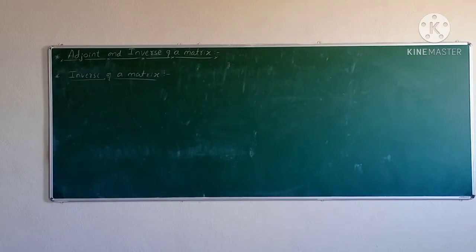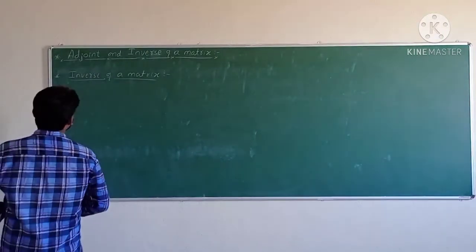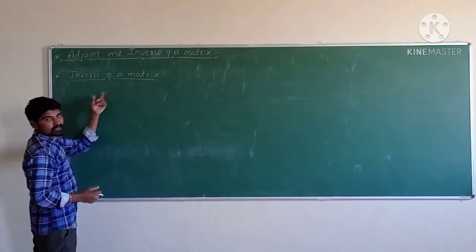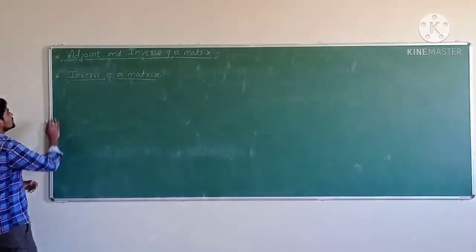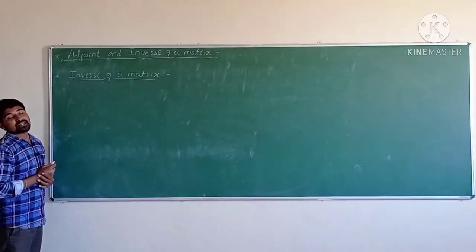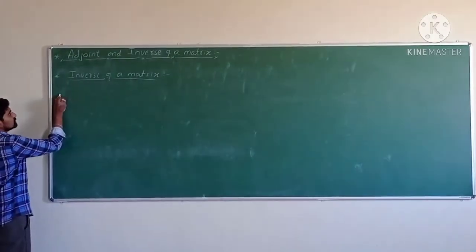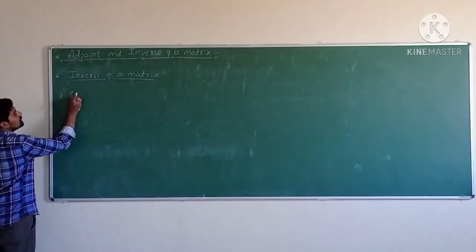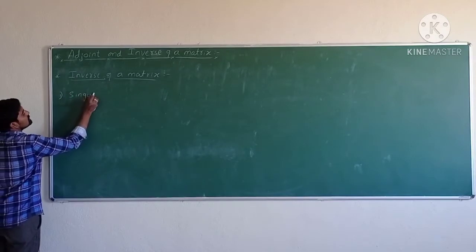So now the second one: what is meant by inverse of a matrix? Before that we must know what is meant by singular matrix and non-singular matrix. First one is singular matrix.